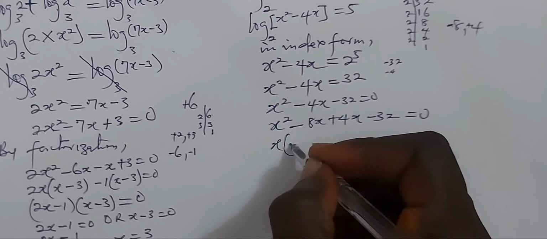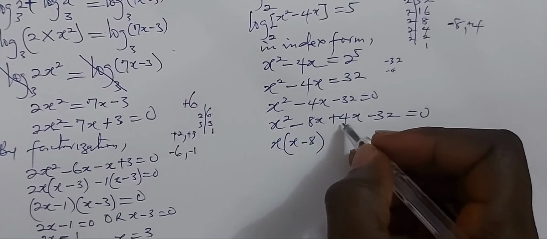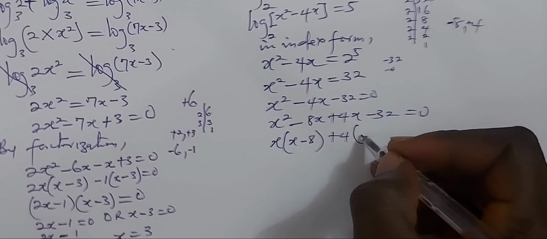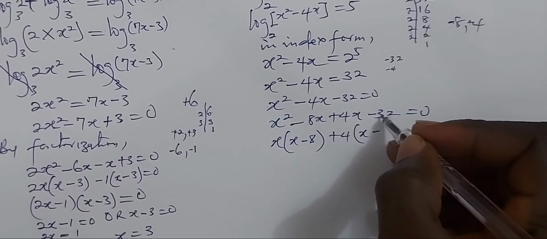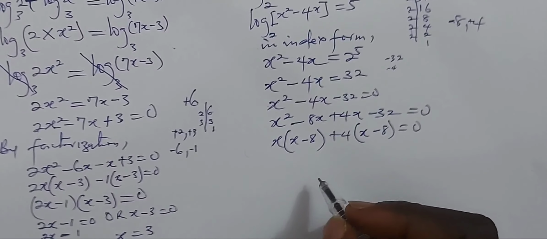So factorize these 2 and these 2. X is common. We have x minus 8. What is common here? 4. Plus 4 into x minus 8. We have 0.